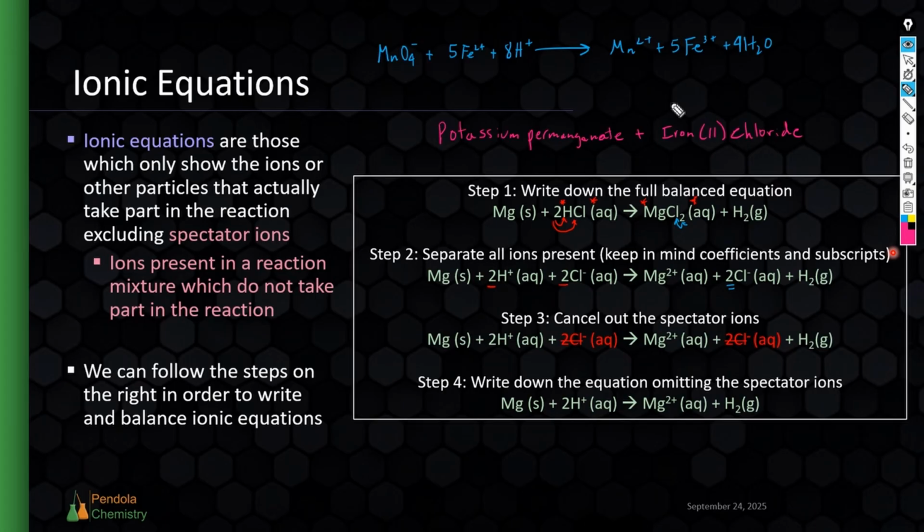The preface asks about the reaction between potassium permanganate and iron 2 chloride. And then you're staring at this, you're going, wait, where did the potassium go? Where did the chloride go? They're not in the equation. And that's going to confuse you.